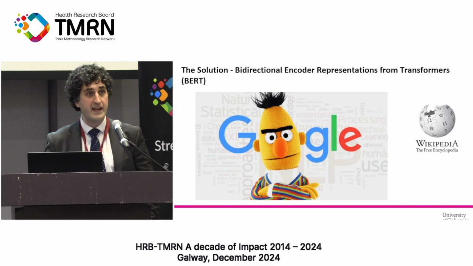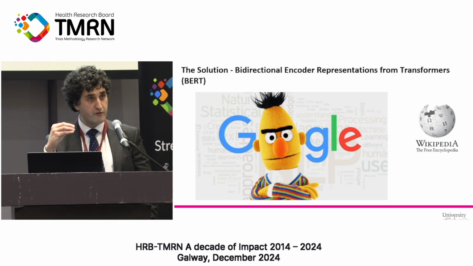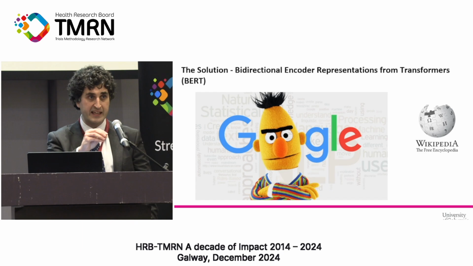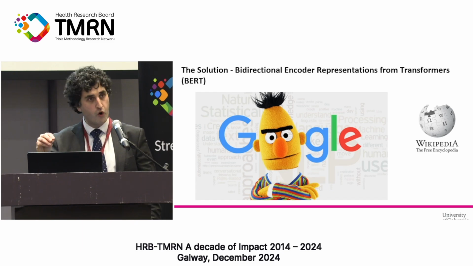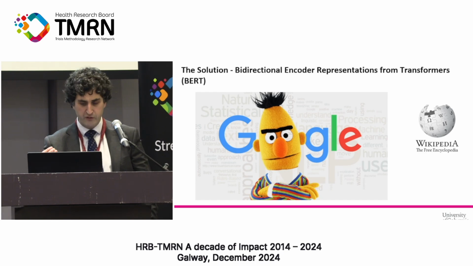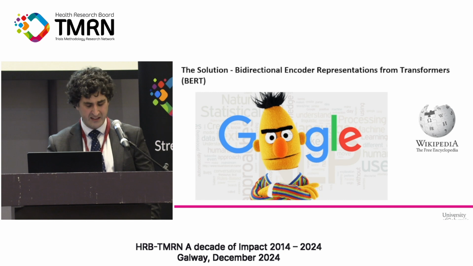So BERT was trained on every word and every sentence in Wikipedia with one simple task: given a sequence of words, what's the probability of the next word? And it was trained on all that, and when it learns the probability of the next word, it learns about the structure of language, and that can be used for downstream tasks like classification, which is what we did here.